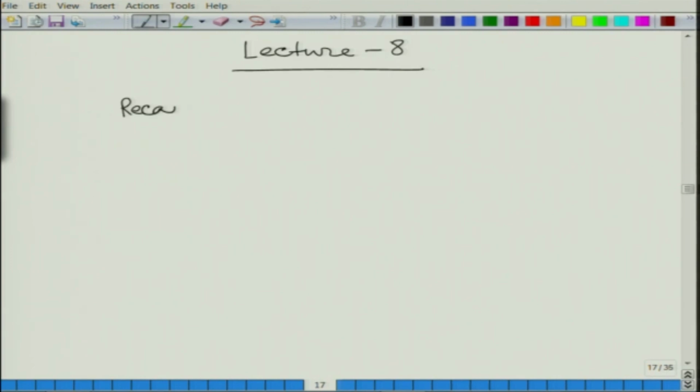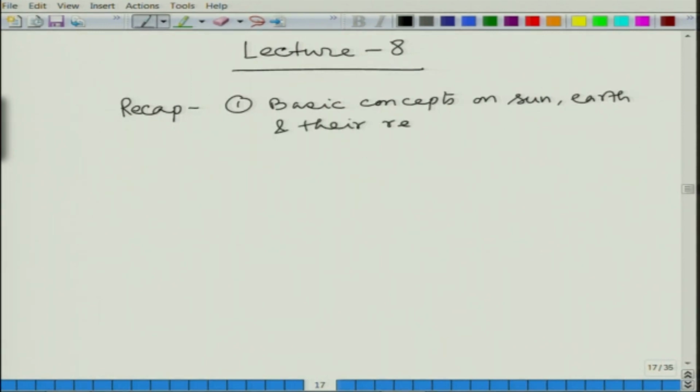In the first 7 lectures we have covered the basic concepts on sun, earth and their relationship.